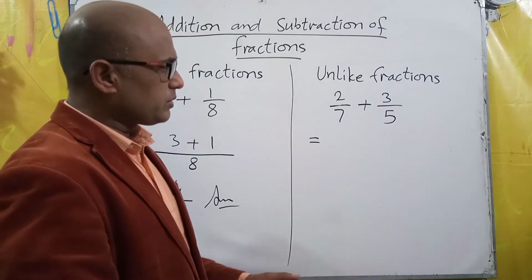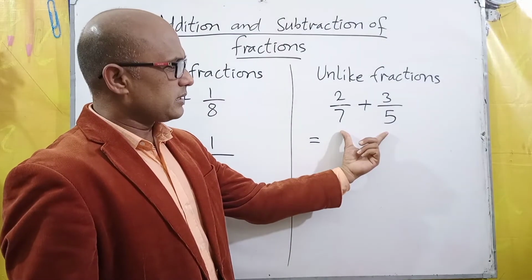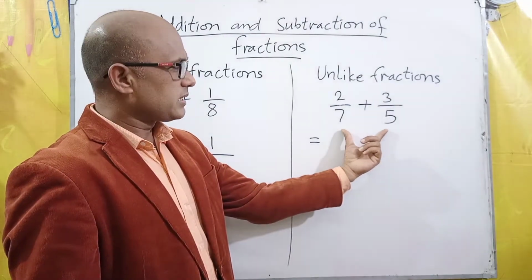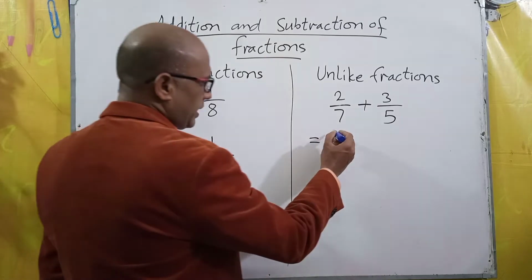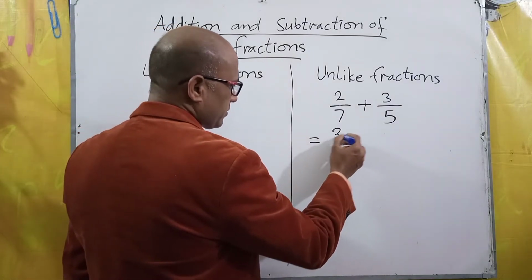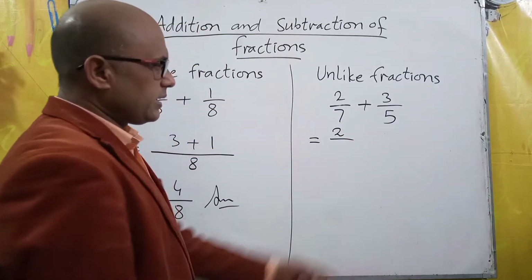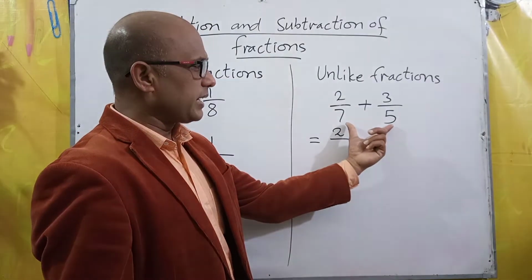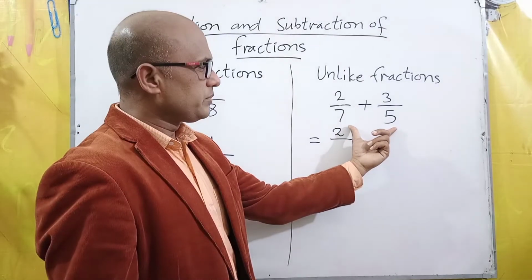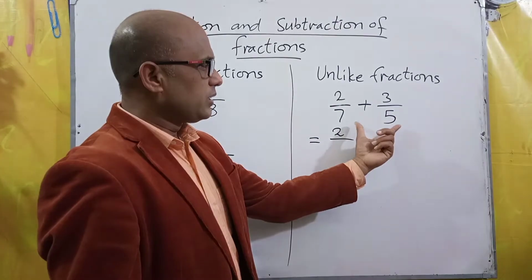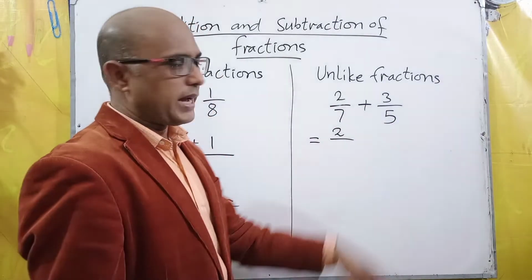So both of them don't come in each other's tables. So students, we can multiply. If the denominators do not come in the same table, we'll cross multiply them.